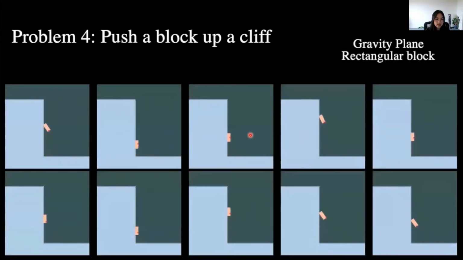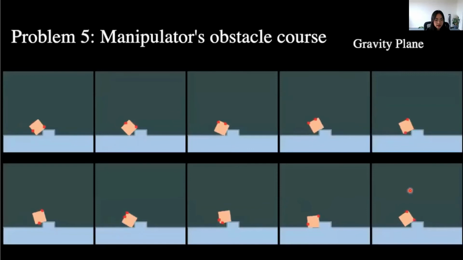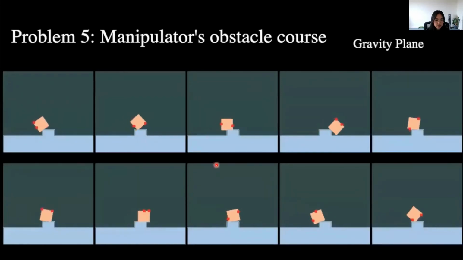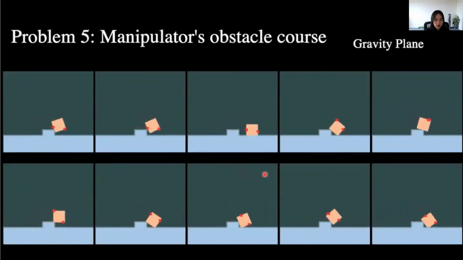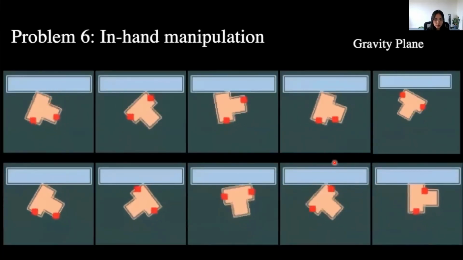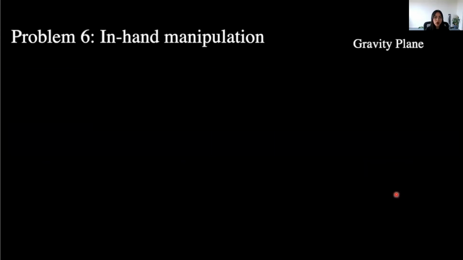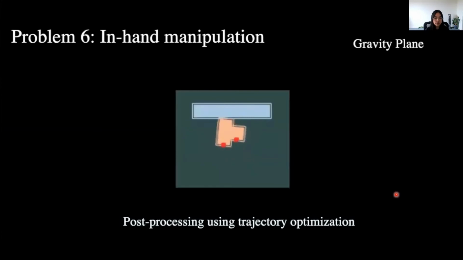We can see that it has different strategies for different object shapes. And in this, we can see that this planner can plan a lot of contact changes. This is in-hand manipulation, and this blue block is the palm, and it uses the palm to reorient the object.